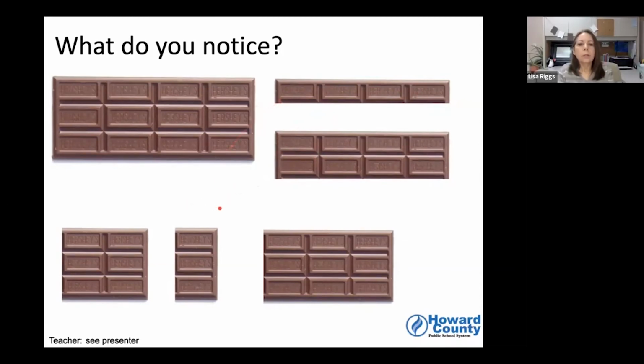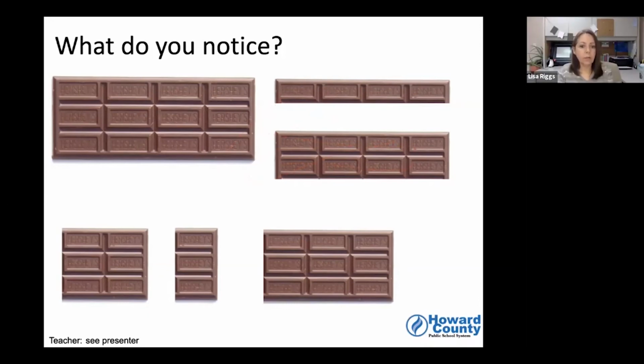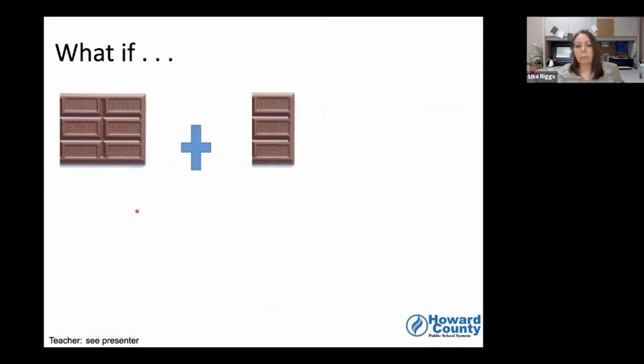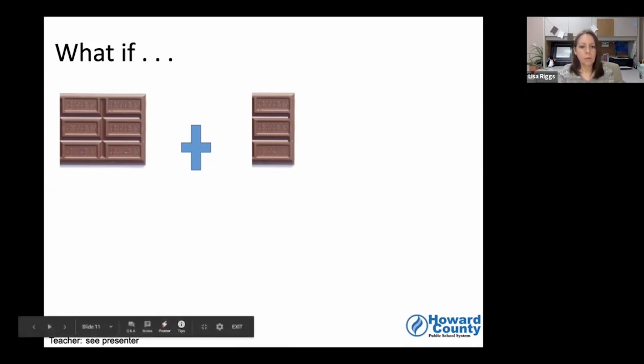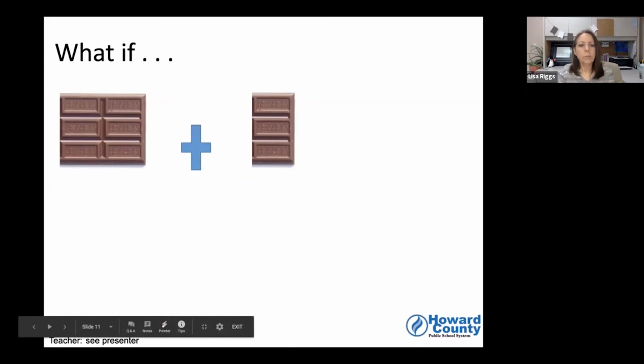What about if we had this section? 2/3. So if we could put it back together, we could add those 2 together. Okay. So what if we had these 2 parts? What might we call that? 3/4.